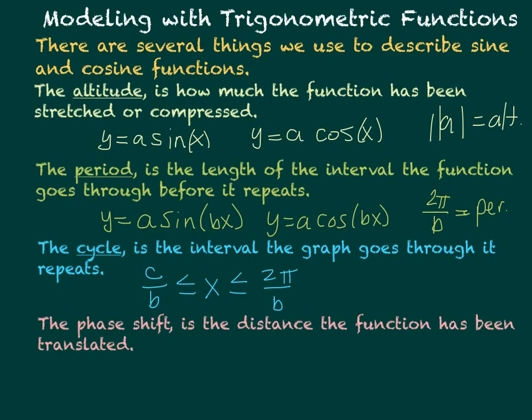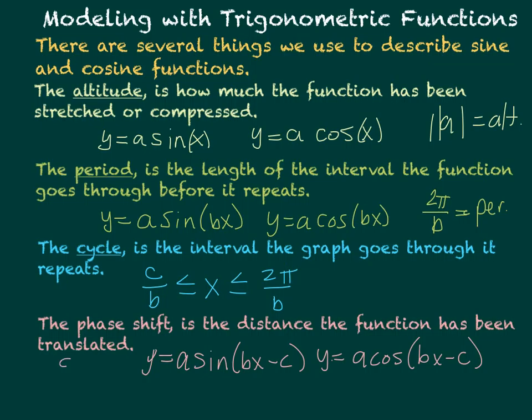Okay, the phase shift is going to be y equals a times the sine of bx minus c, or y equals a times the cosine of bx minus c. C is your phase shift, how much it is being moved, and that is going to be shifted. C over b is going to be the amount you are shifting it.